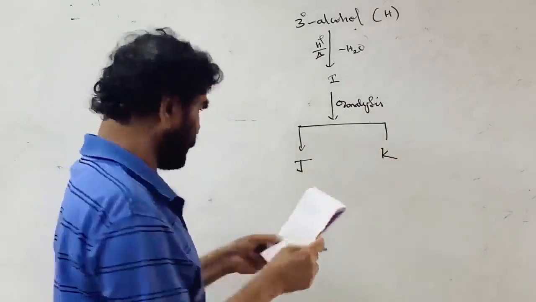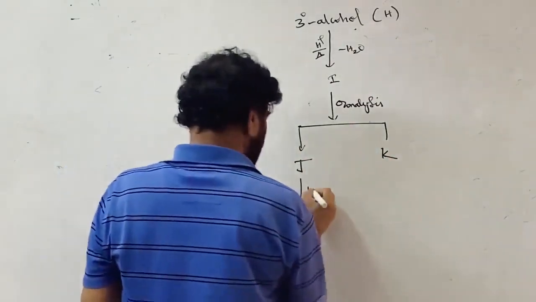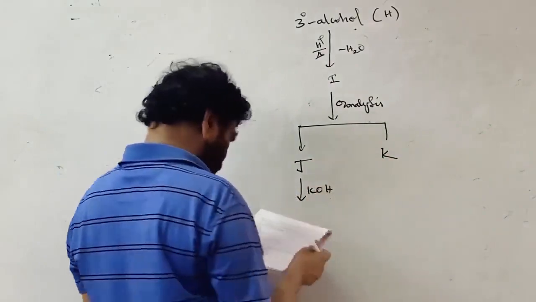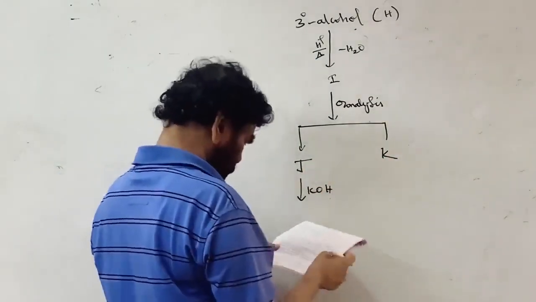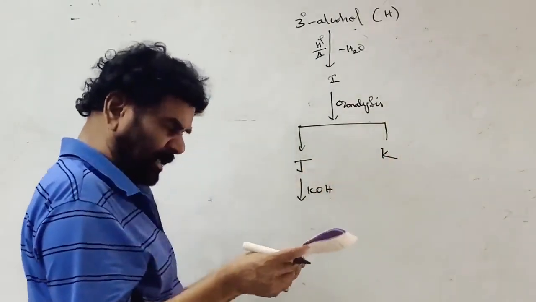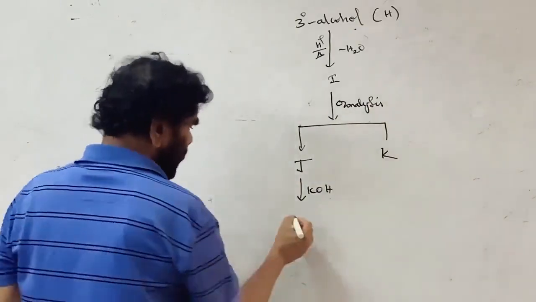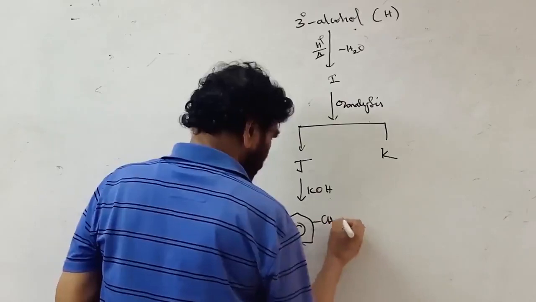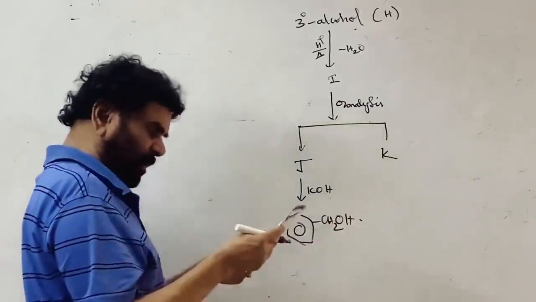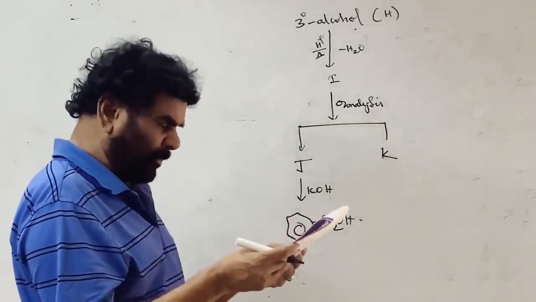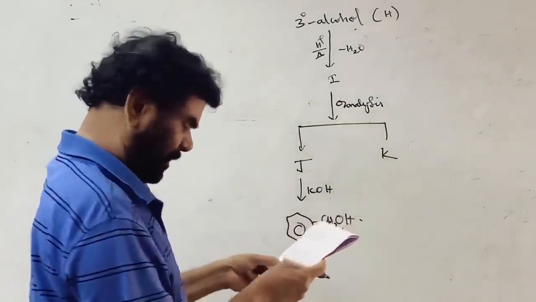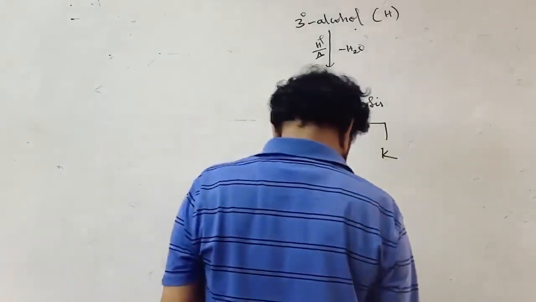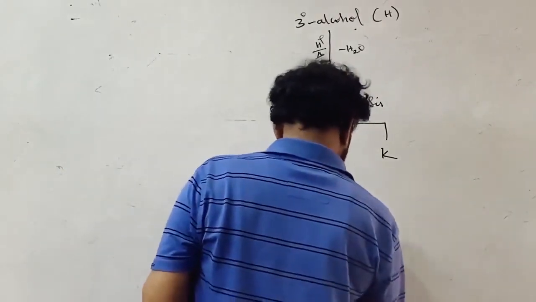J upon reaction with KOH, aldehyde or ketone. So J upon reaction with KOH, benzyl alcohol is formed, and a compound L. Benzyl alcohol and compound L are formed.